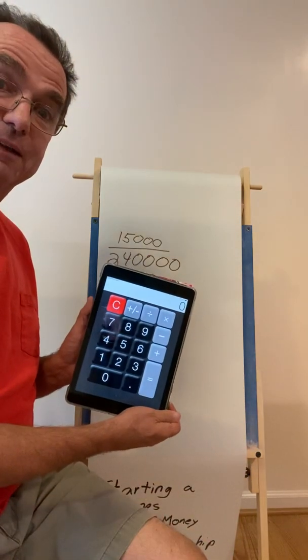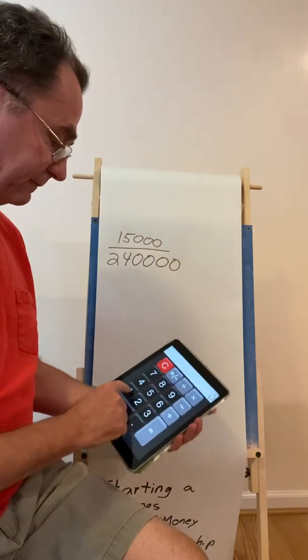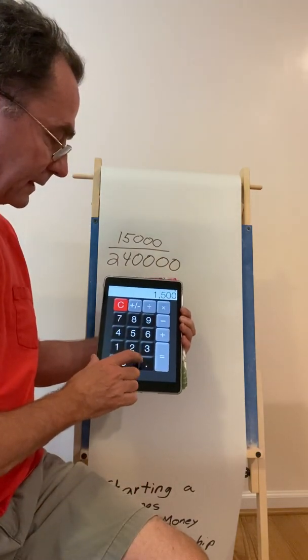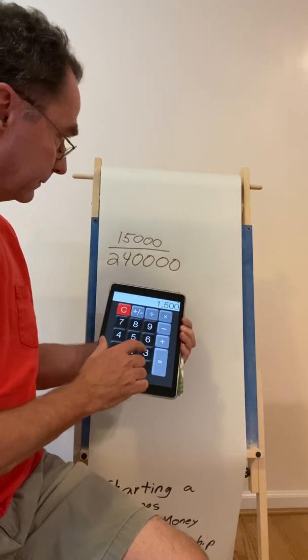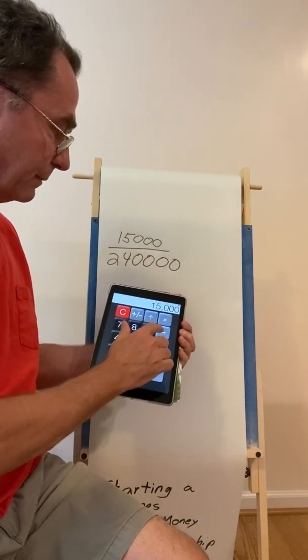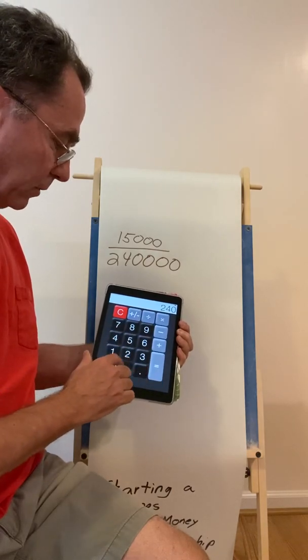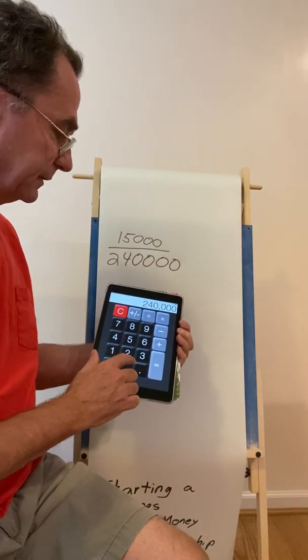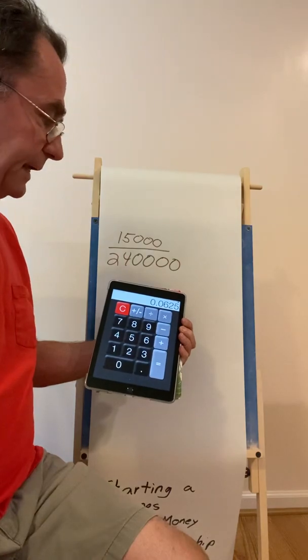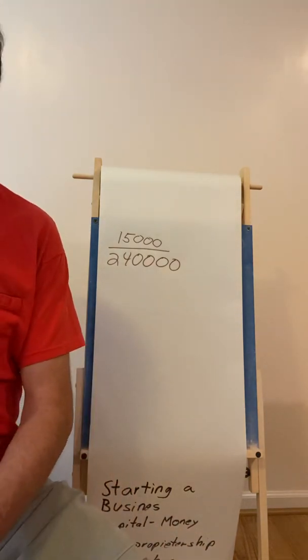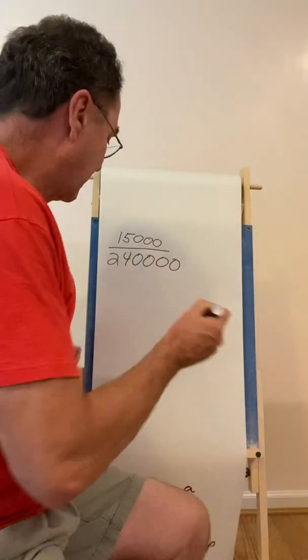So we just take the 15,000 and we divide that by 240,000, hit equal, and we get 0.0625.